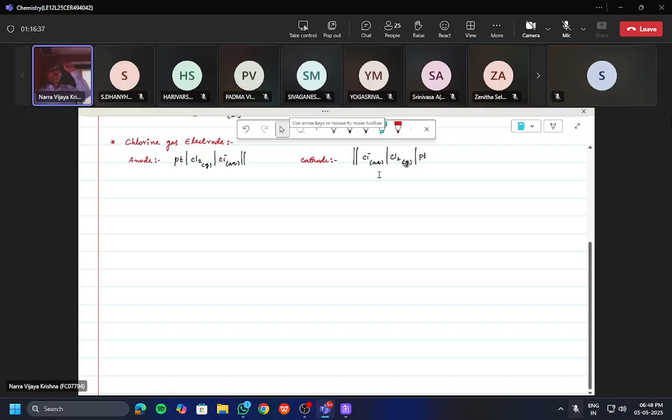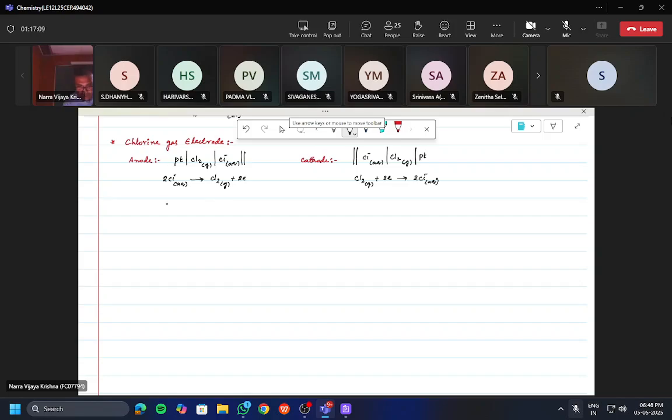At anode, always write the oxidation reaction: Cl minus gives rise to Cl2 plus 2 electrons. Is it oxidation? Loss of electrons is oxidation. Gain of electrons is called reduction. So Cl2 plus 2 electrons gives rise to 2Cl minus. Correct?